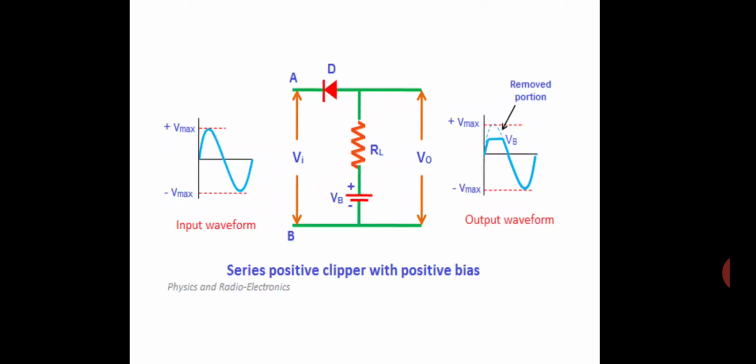This cycle is continuous. Again in the positive cycle, VB gives the output, and when the input is greater, the diode is reverse biased and the output does not come.